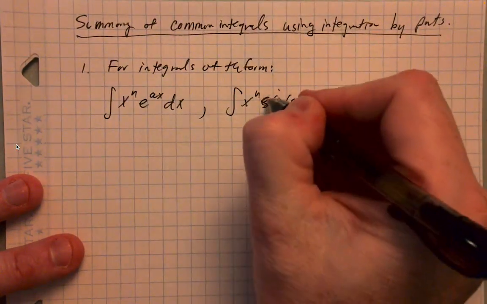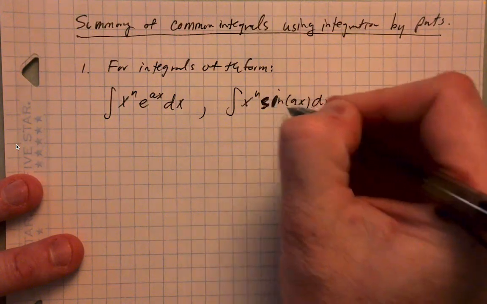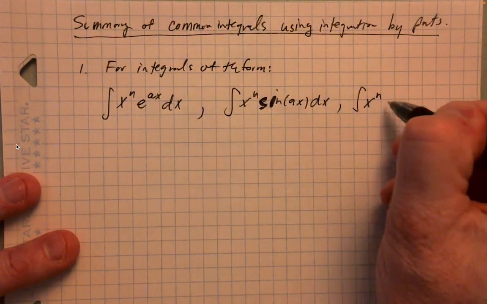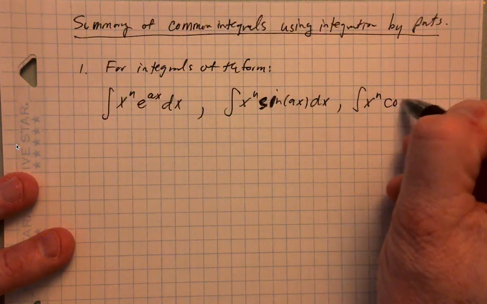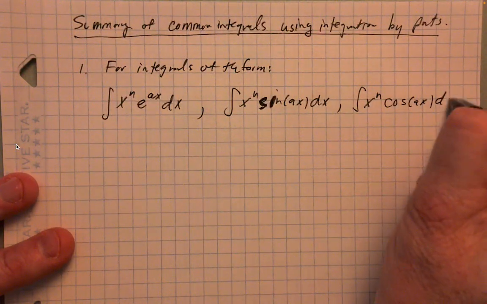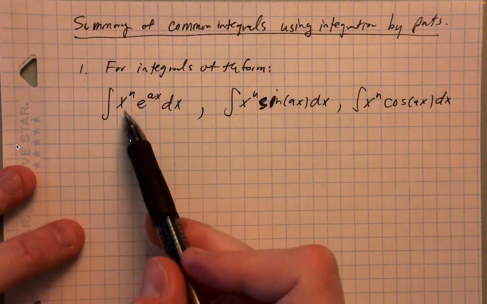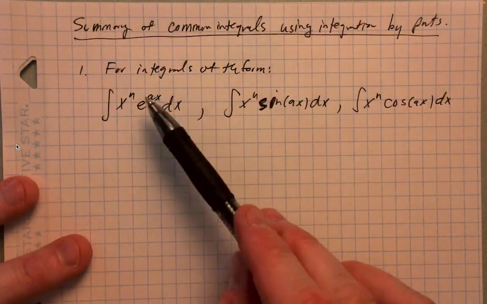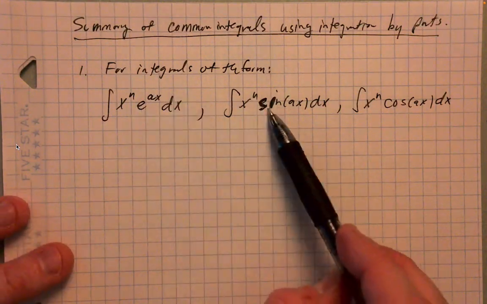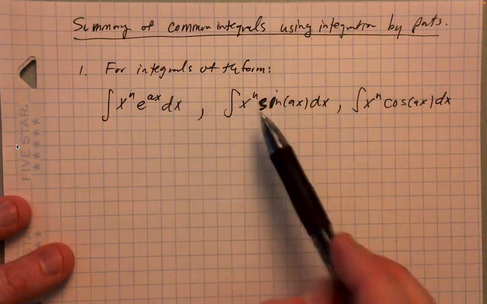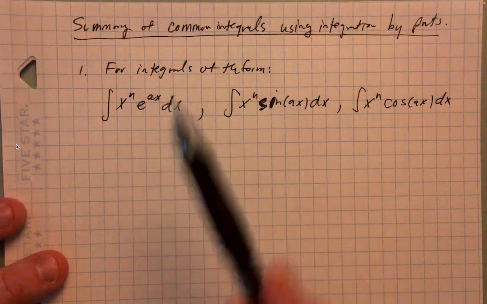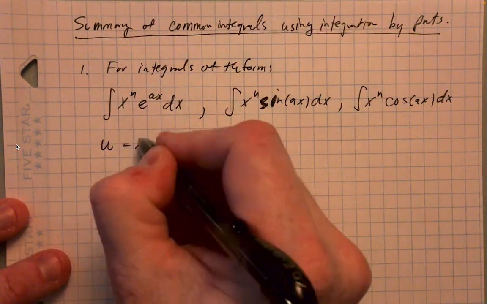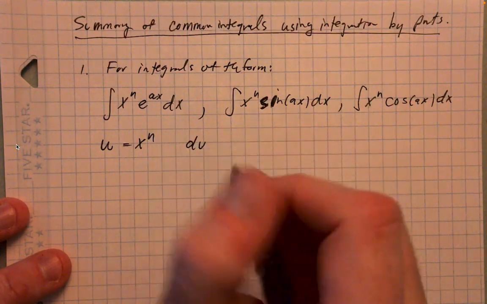Sorry, I started writing e there, and that's an s-i-n, sine of ax. Or like x to the n cos ax, it's sort of the same thing. So things like this, where you've got basically an x to the n, and then you've got one of these functions which, when you integrate, it just kind of keeps flipping. Then a good choice for u is the x to the n, and the dv would be the rest.